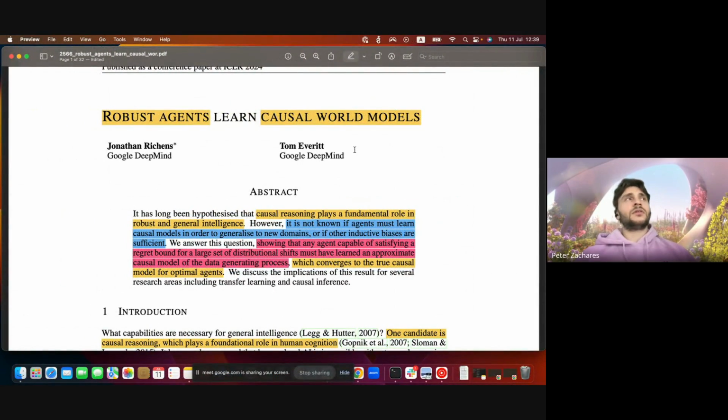Causal world models are models that explain how the world, or a part of the world, works. And they're a lot stronger and more useful because of that. Essentially, if we have a causal world model, and that's one of the results in this paper, then we can adapt to a much larger range of conditions.